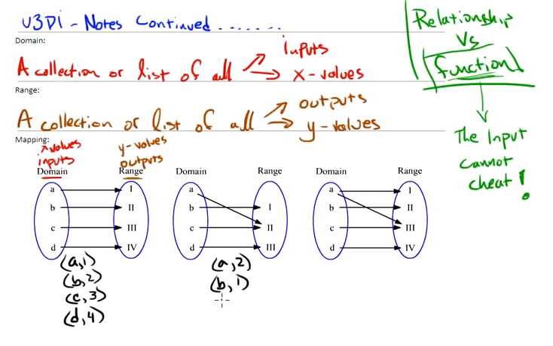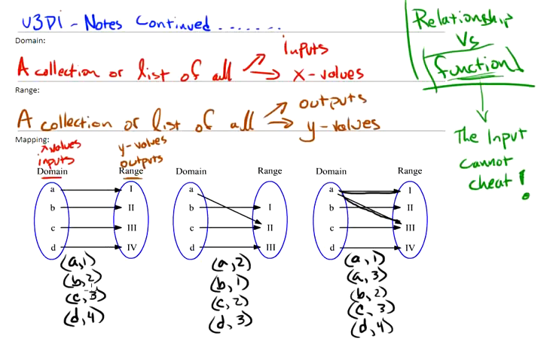C goes to 2. D goes to 3. And over here, we actually have a lot more. We have A goes to 1. That's this path right here. Then we have A goes to 3. Then I have B to 2, C to 3, and D to 4.